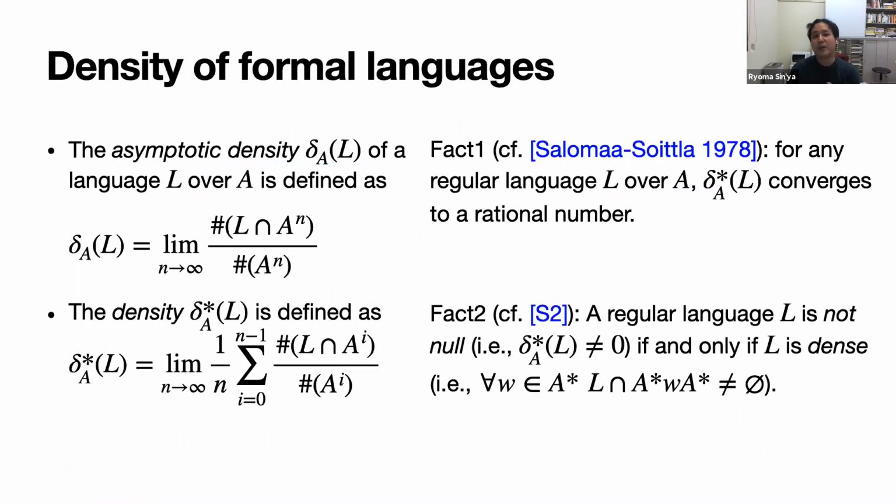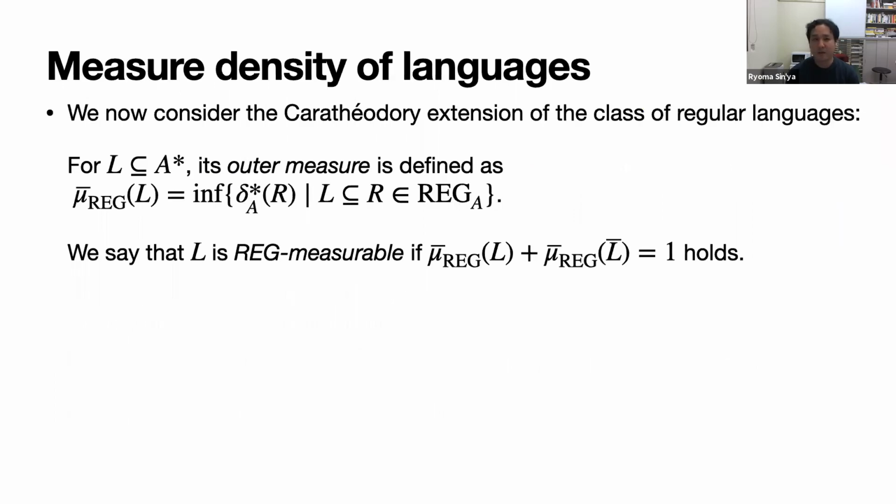So anyway, we have introduced the two density notions, and especially this density has some good properties. All regular languages have density. So let's extend it by using Carathéodory extension. For a language L, we define its outer measure like this, okay? The infimum of the density of regular languages R which cover L. And we say that L is regular measurable if this condition holds.